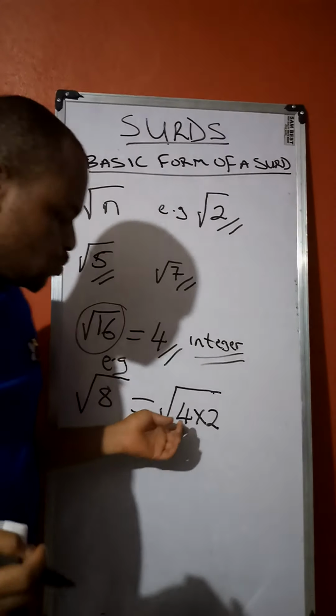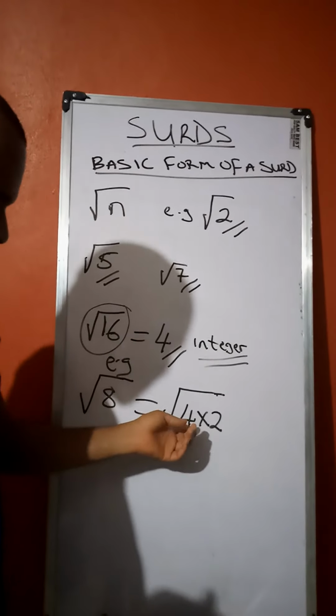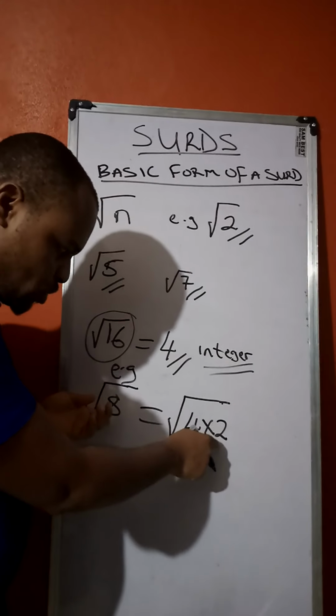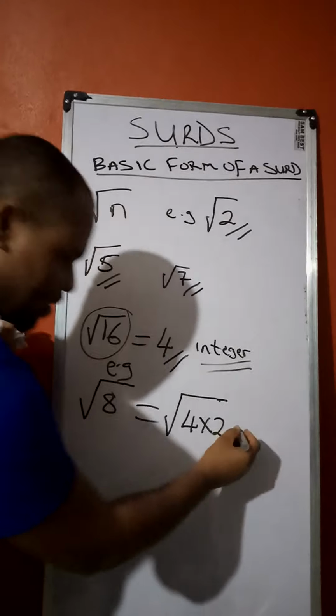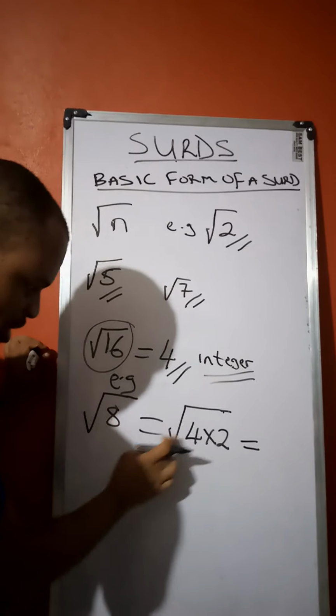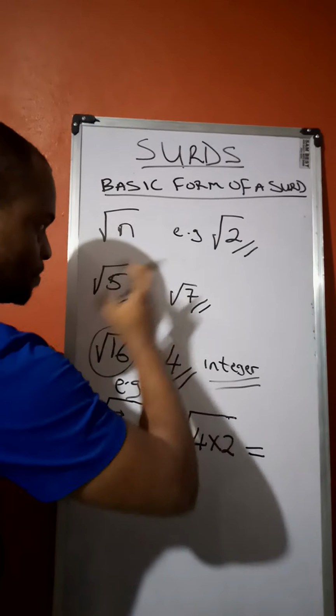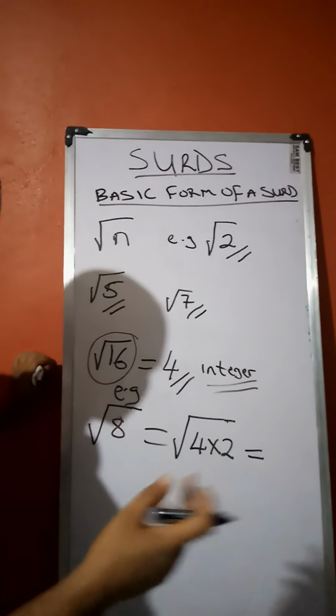In our last class, we looked at perfect squares. I can get a perfect square from 8, which is 4 times 2. Now, this is square root of 4 times square root of 2. We are going to explain it in my next section, which is the rules of surds.